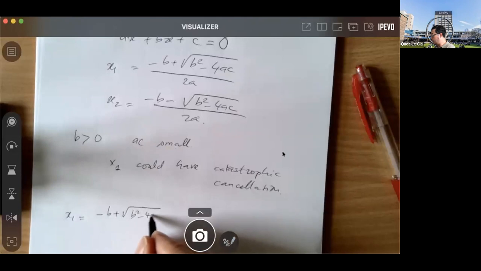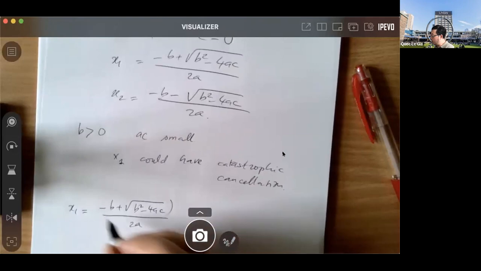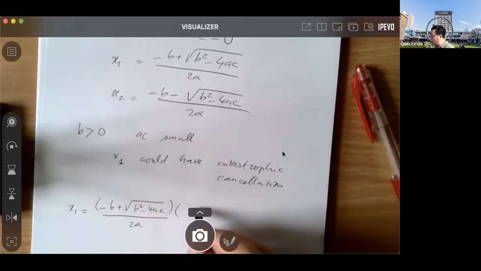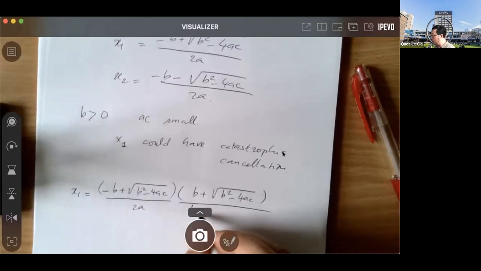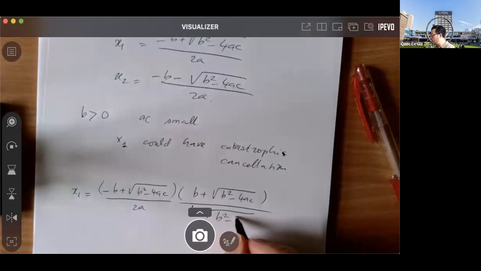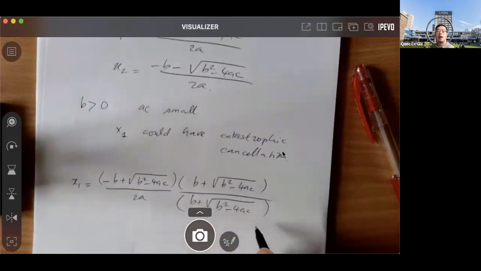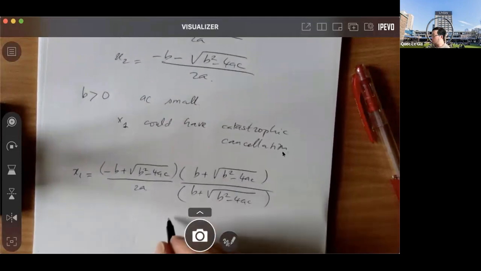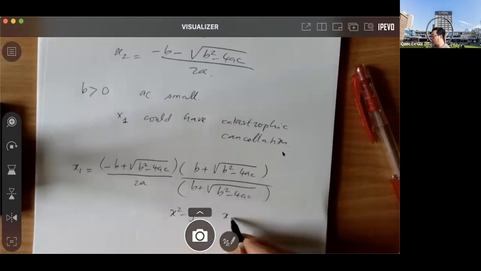So we have b squared minus 4ac over 2a. Now you can make an equivalent formula by multiplying and dividing by the conjugate of the square root, b plus the square root. You use the identity x squared minus y squared equals x minus y times x plus y.